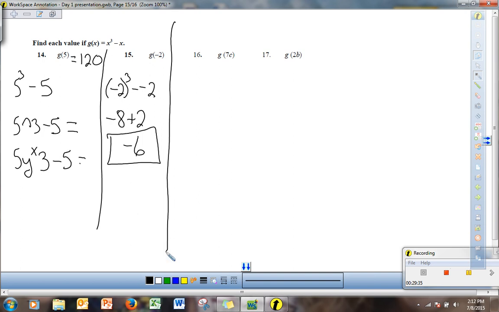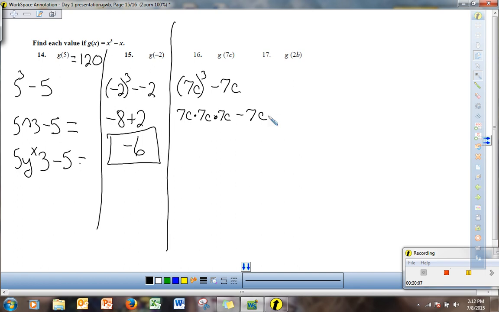Number 16, to find g of 7c, throw away the x's and put parenthesis 7c. So it's going to look like this: parenthesis 7c, close your parenthesis, to the 3rd, minus 7c. Now to review from your Algebra 1 days, this means 7c times 7c times 7c minus 7c.